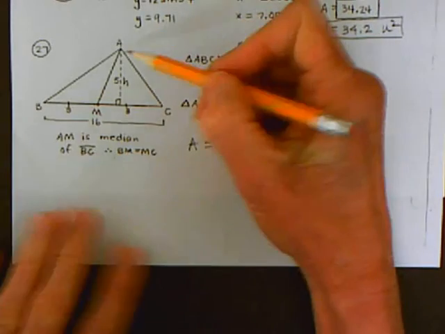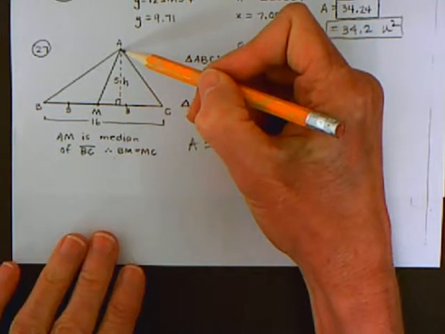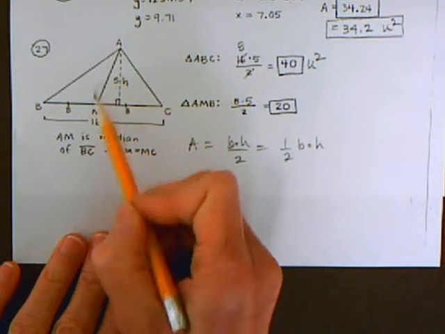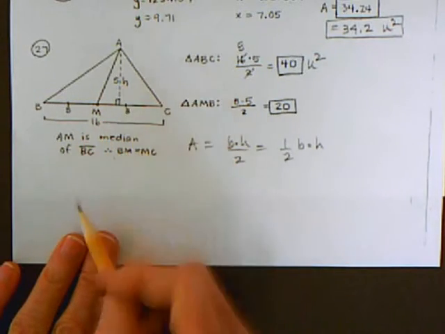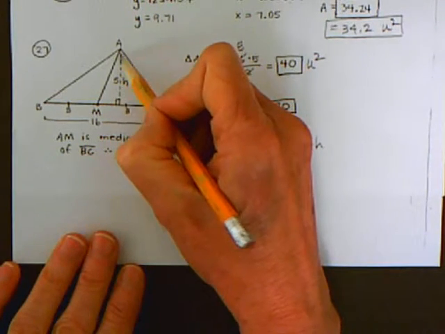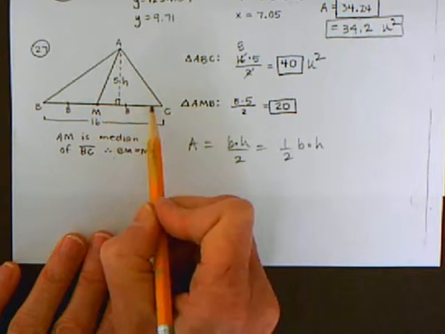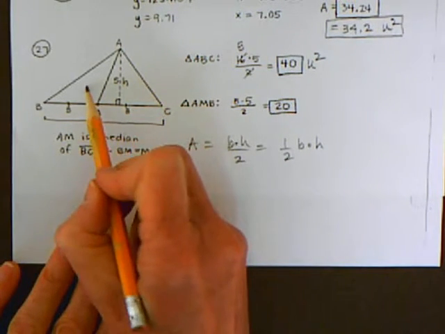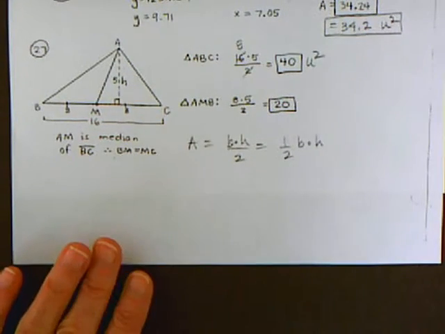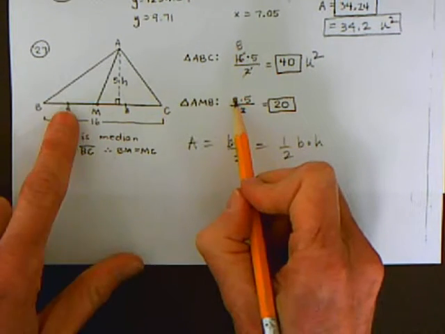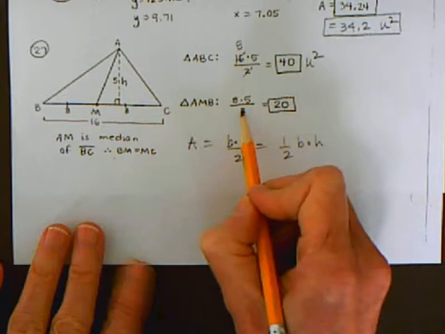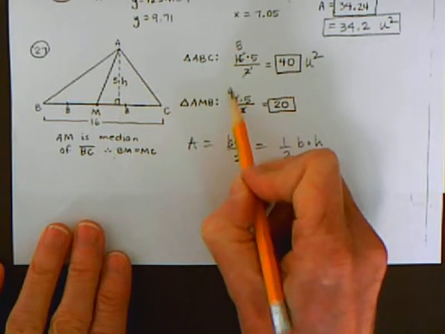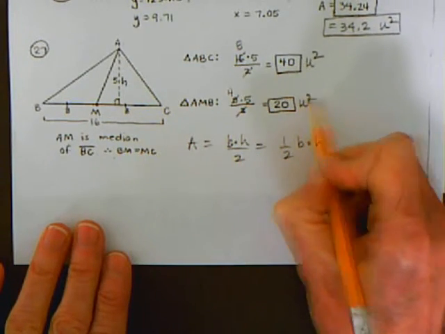Well, believe it or not, the height is the same for AMB as it is for ABC, because the way I get this height is I drop the perpendicular to the opposite side. Now this altitude falls outside this little triangle here, but that's okay, it's still an altitude. So base 8 times the height 5 divided by 2. These cancel. 4 times 5 is 20 units squared. So I'm good to go there.